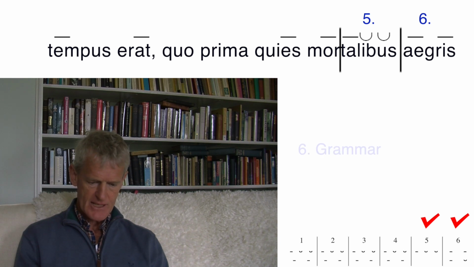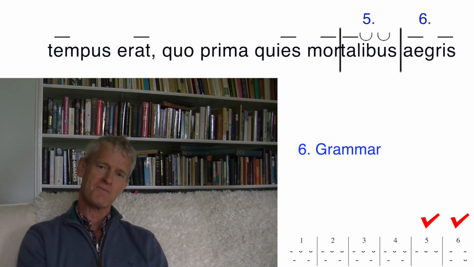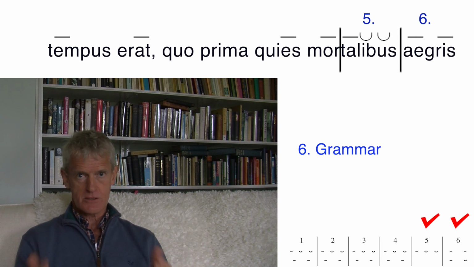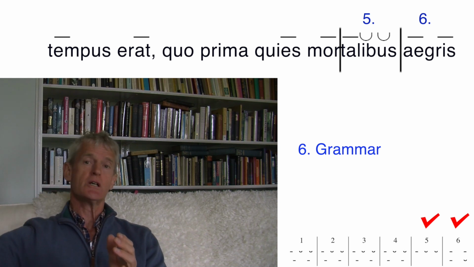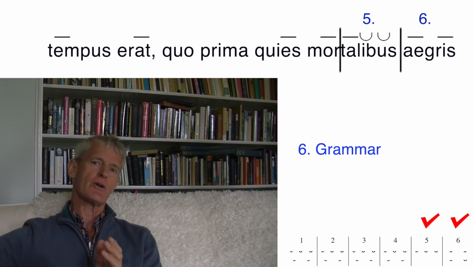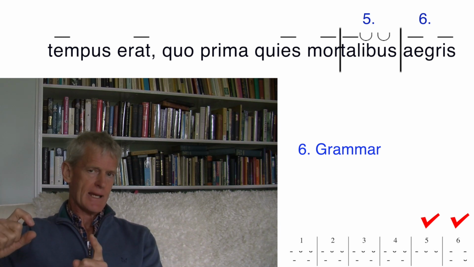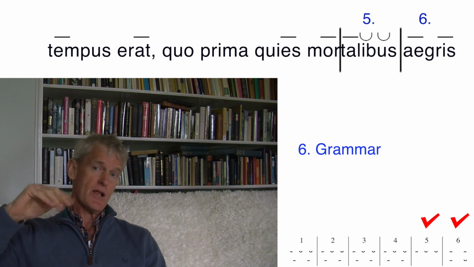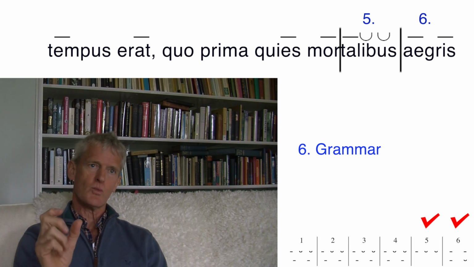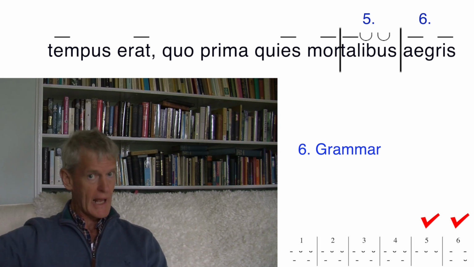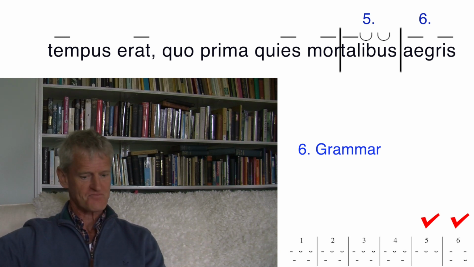Step number 6, mark the quantity of any syllables which from your knowledge of grammar you know to be either long or short. Okay, now when we learn our Latin grammar, when we learn how to conjugate our verbs and decline our nouns, we try really hard to pronounce them correctly because the length of a vowel, which is long grammatically or short grammatically, will help when we scan our poetry.